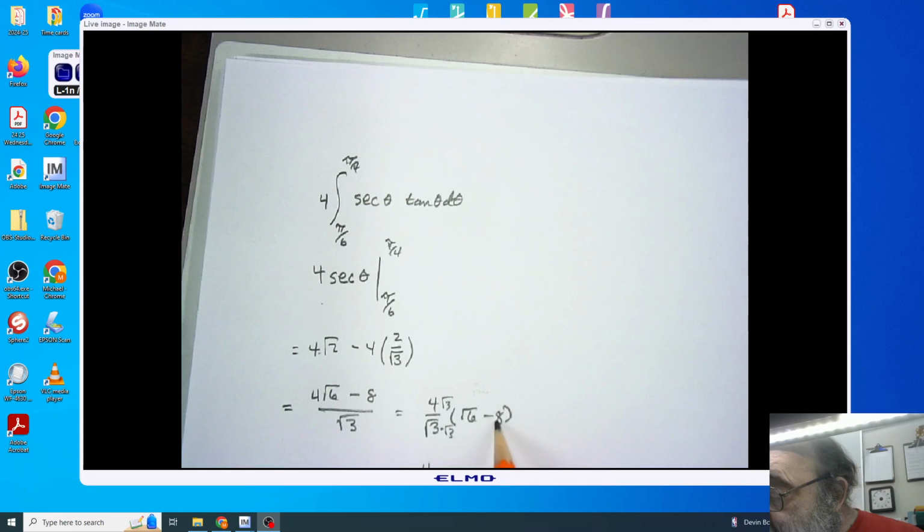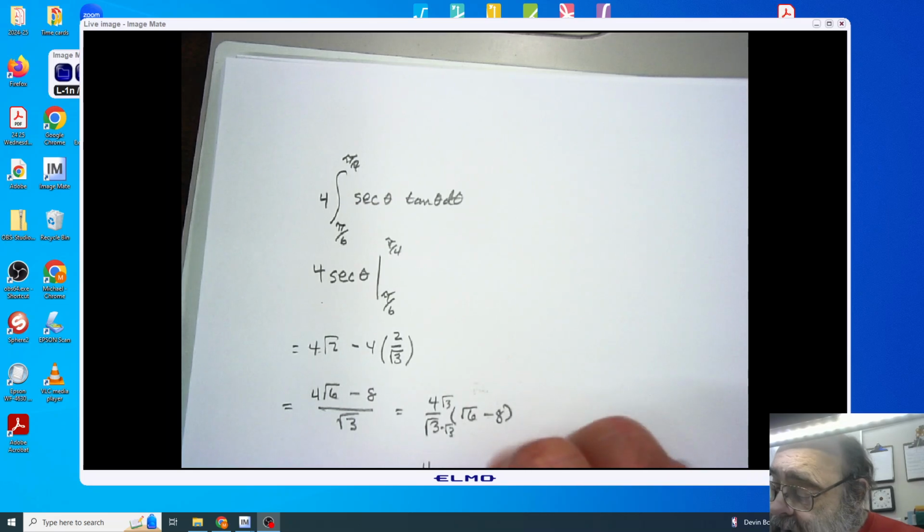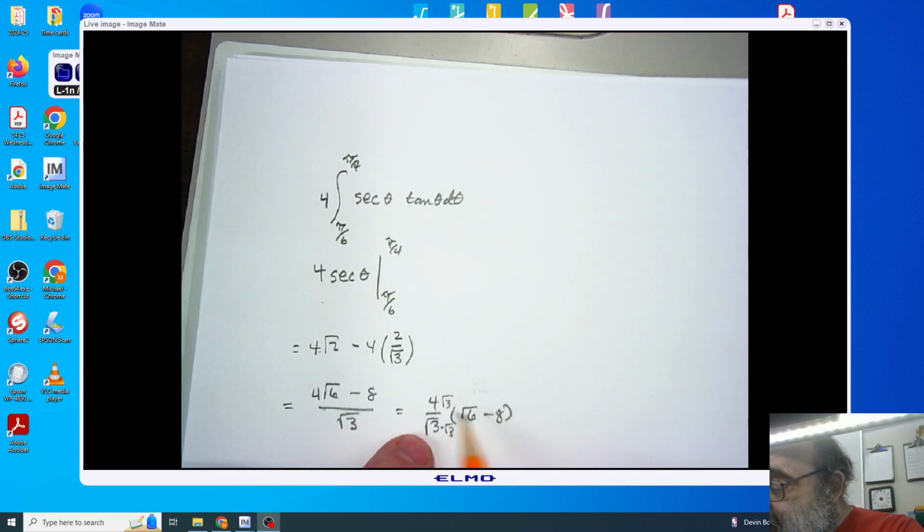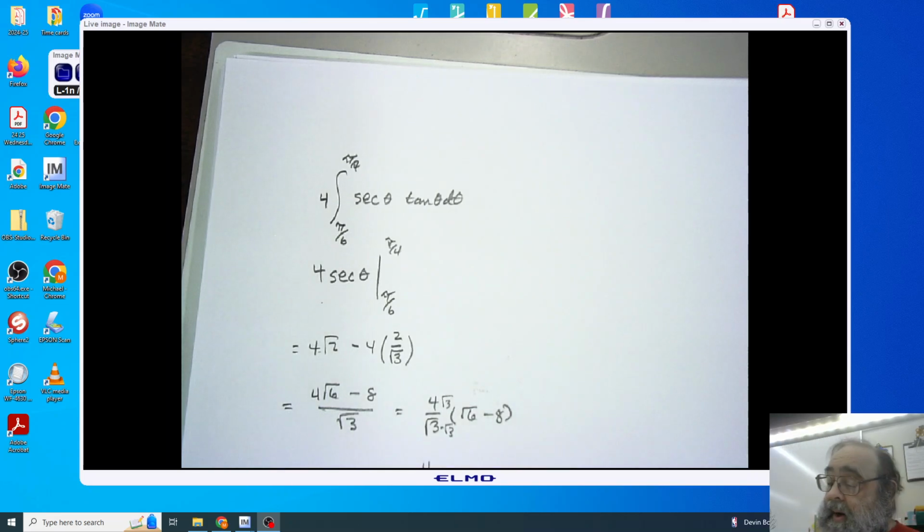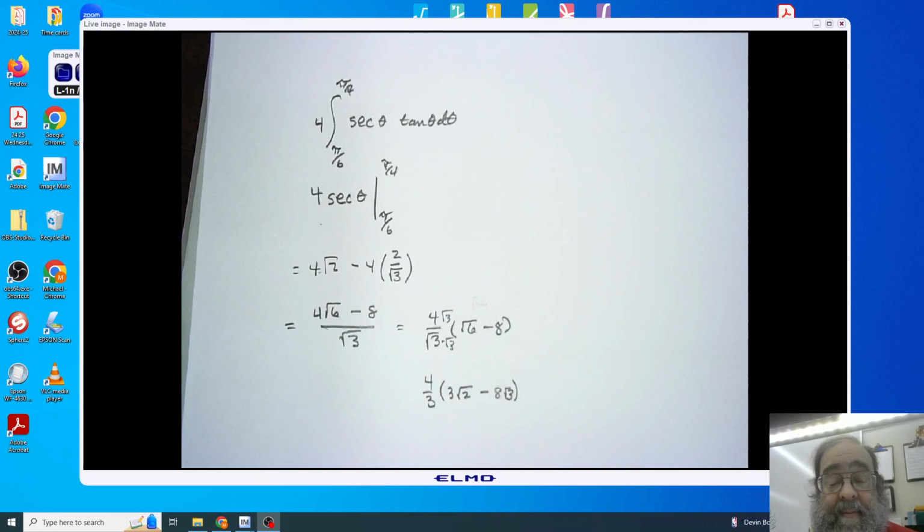So let's change that so that we would have 8 root 3. There we go. Much better. And these are the possible answers that I would have, and I would move on to the next problem.